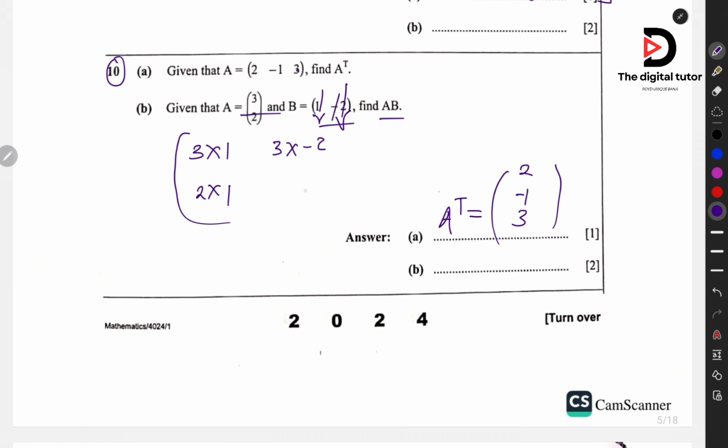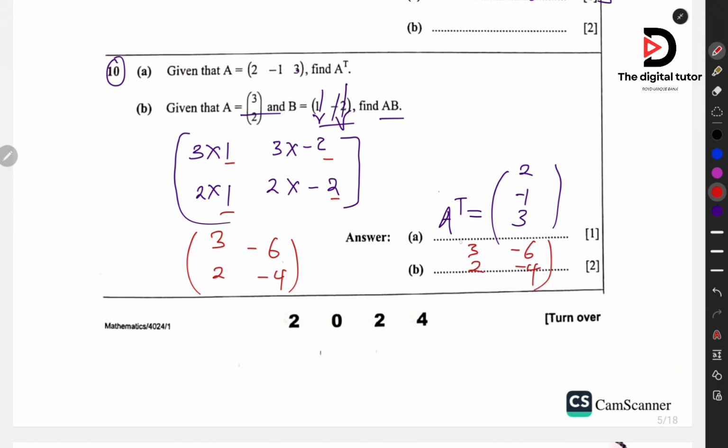Then 2 multiplied by -2. And if you want to confirm that the multiplication is okay, these should be the same at the bottom and on top. So to find the answer here, this is 3, this is 2, that is -6 and that is -4. So this is the answer expected: 3, 2, -6, and -4.